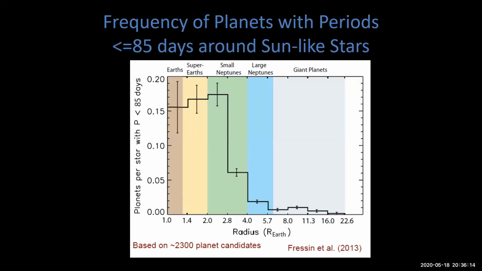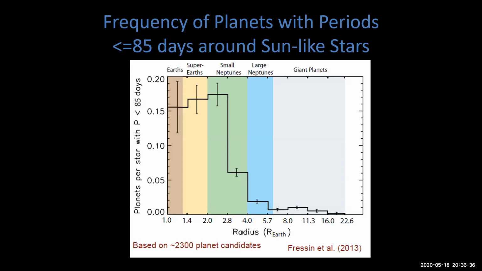And then based on the statistics, it is now expected that nearly every sun-like star has planets. It's expected that almost every sun-like star has at least one planet.